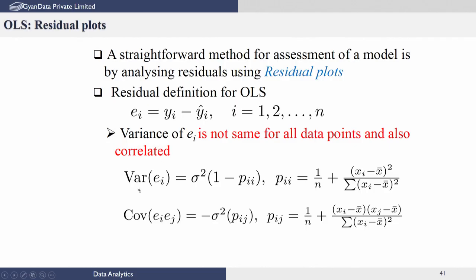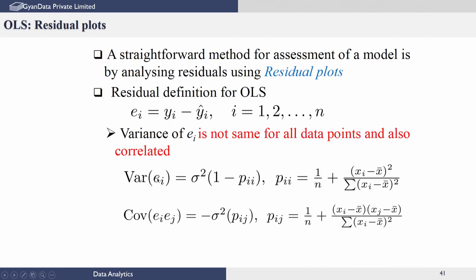In fact, you can show that the variance of the ith residual is sigma squared, which represents the error in the measured value of the dependent variable, multiplied by 1 minus pii, where pii is defined by this. Notice that pii depends on the ith sample and varies from sample to sample. So, the variance of the residual will not be identical for all samples; it is given by this quantity.